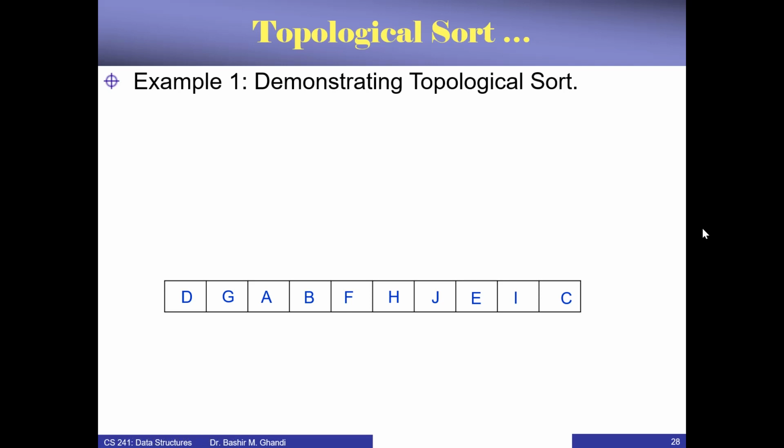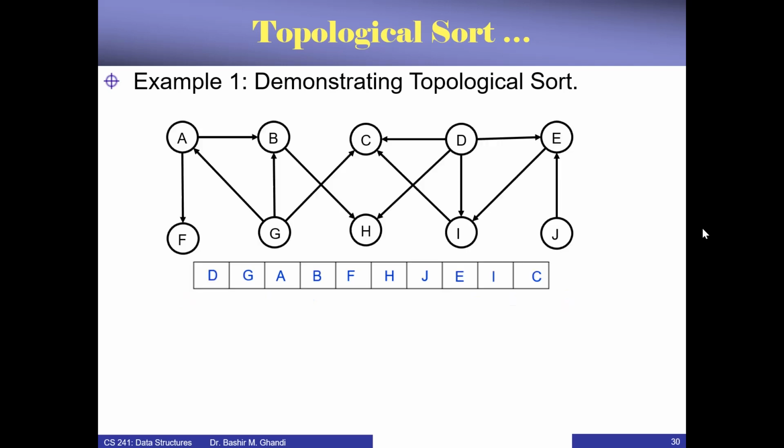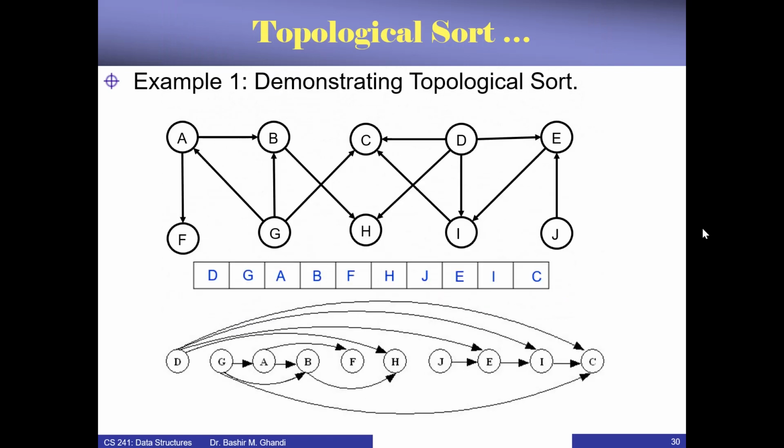So the next thing is to draw the resulting graph. How do we do that? It's really very easy. We just need to draw a vertex for each of the vertices in our table here, linearly.